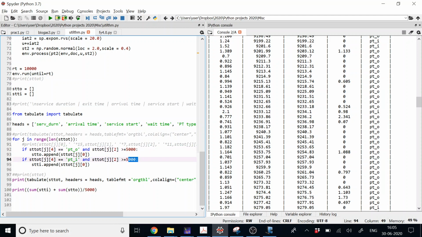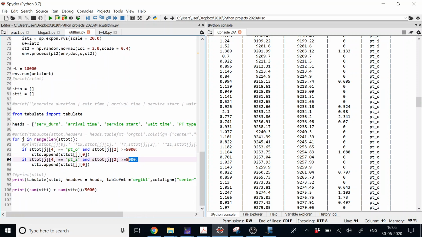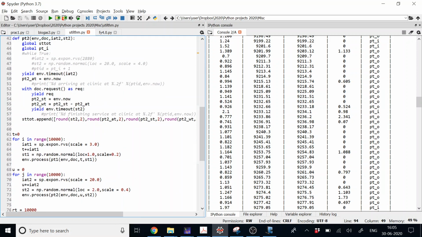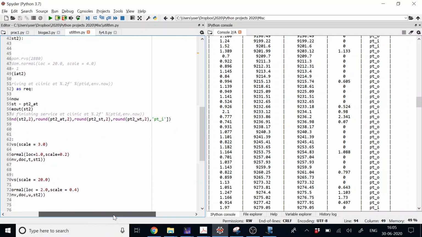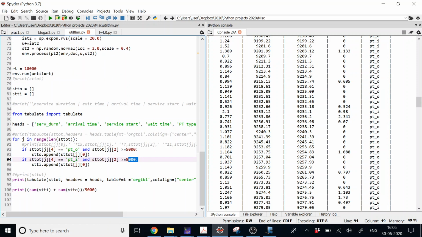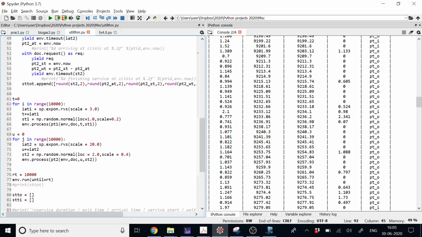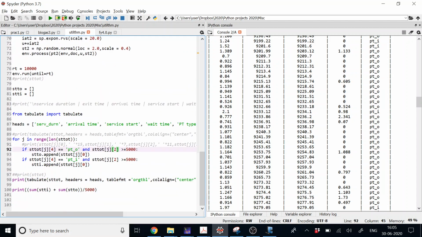So what I do is I collect the service times. What are the things I record here? I record the service times for each patient after 5,000 minutes have passed.